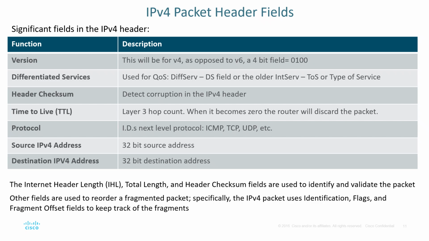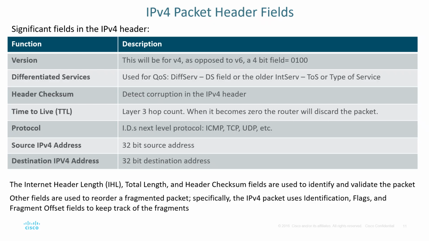Your protocol field is going to identify which protocol you are using at the next level. Could be ICMP, could be TCP, UDP, etc. Your source IP address is a 32-bit source address, and your destination is a 32-bit destination address.